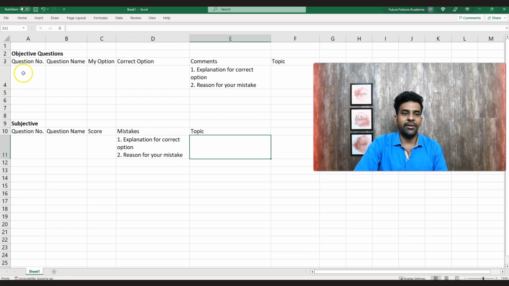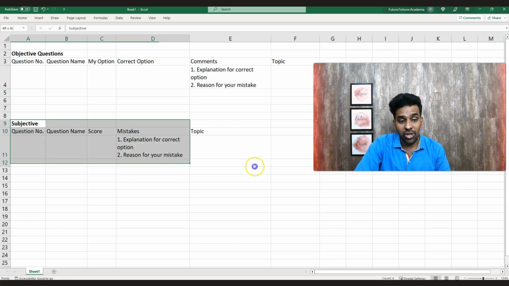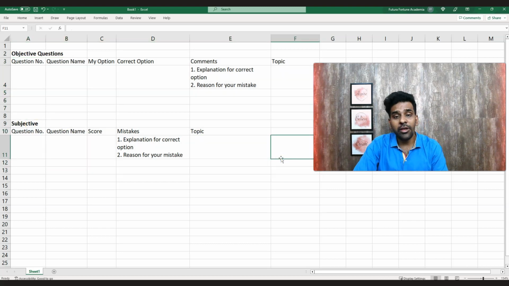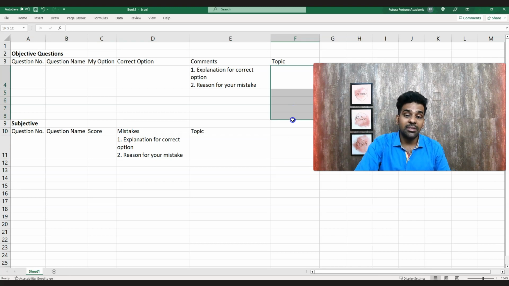Doing this diligently for your objective questions, for your subjective questions, and for your mock exams will help you identify the topics on which you are making mistakes. And if you just focus on those topics, you will overcome your negatives and definitely score above 50 marks.